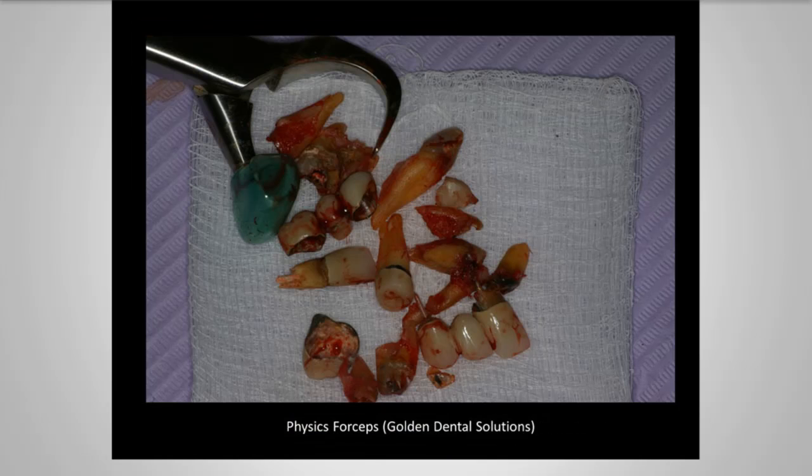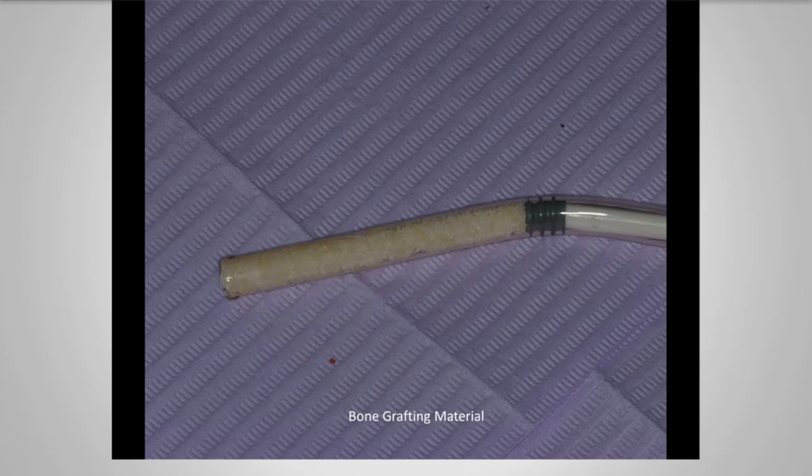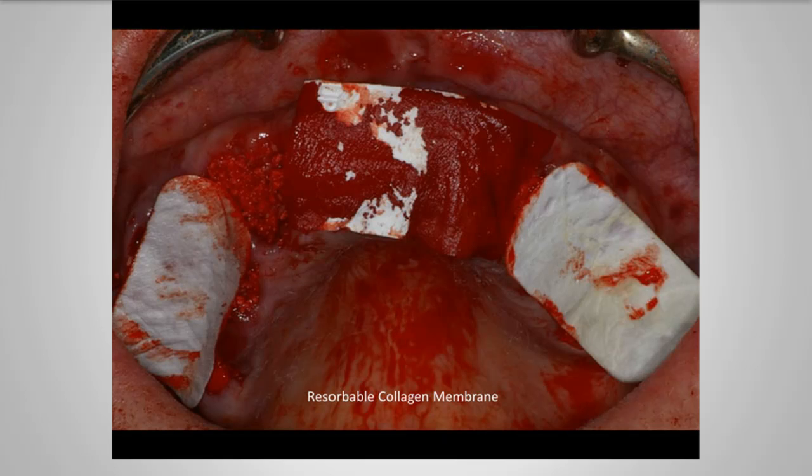So the treatment plan of choice was to fully extract his upper teeth, level the bone, graft this area, deliver an immediate denture and allow the area to heal. 4 to 5 months later, take a CT scan and go ahead and place implants.